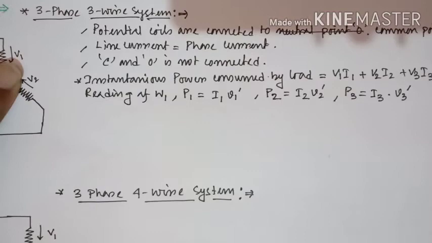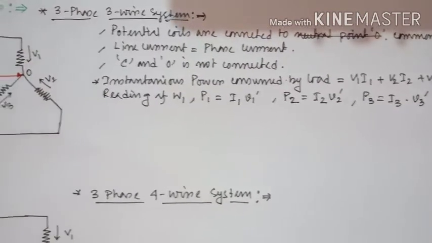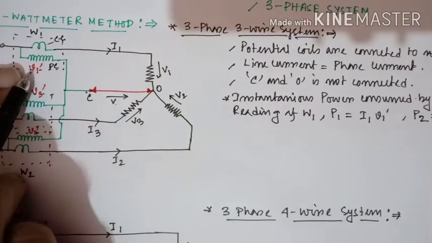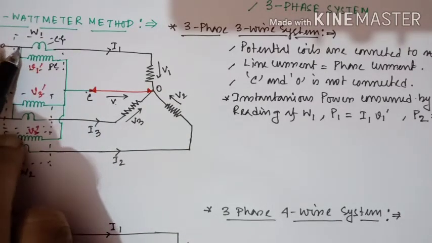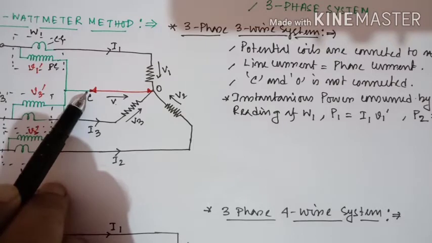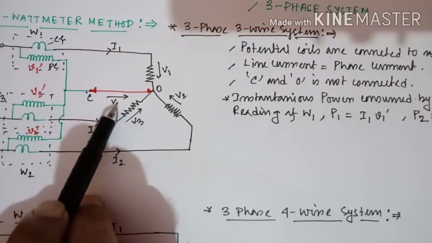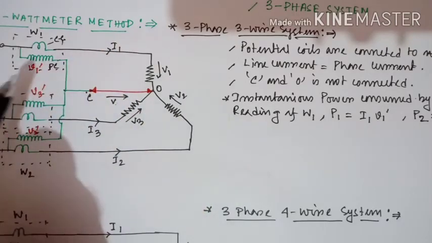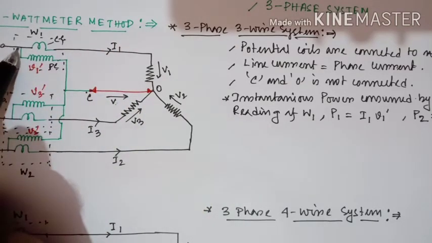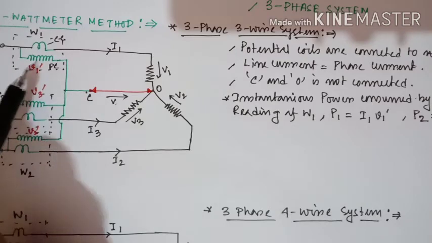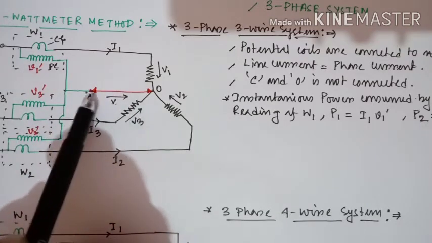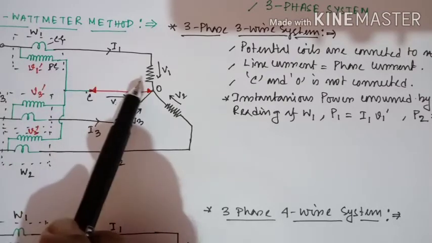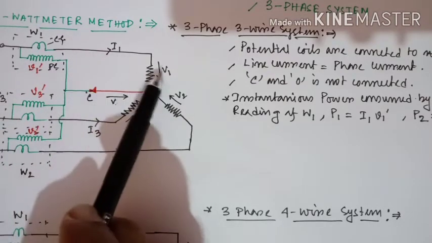So here is the relation. Here we can find V1 prime, the voltage drop from this point to this common point, plus V is equal to V1. I am repeating it once again. The voltage drop from this point to the common point, that is V1 prime, plus the voltage difference between point C and point O, that is V, is equal to the voltage drop across this branch, that is V1.